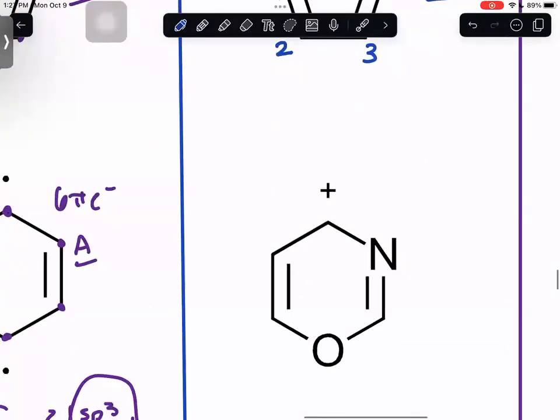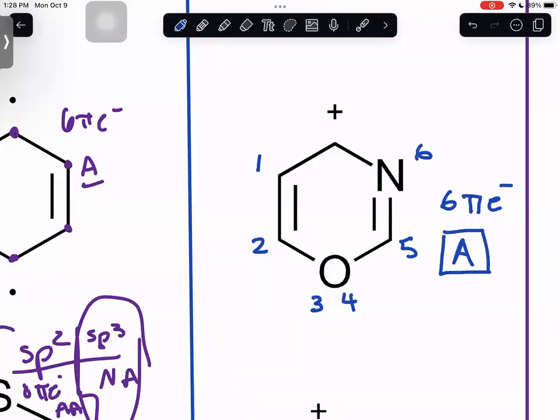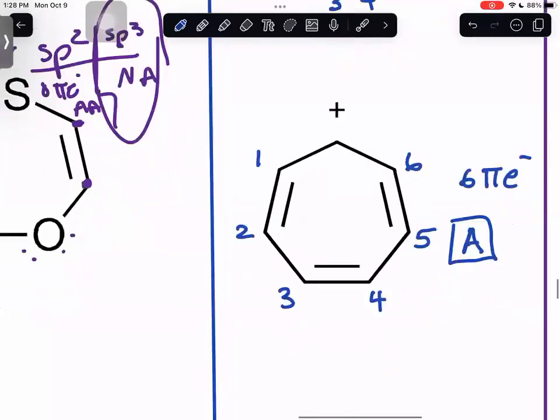Aromatic, perfect. Perfect, it is aromatic. Aromatic, beautiful.